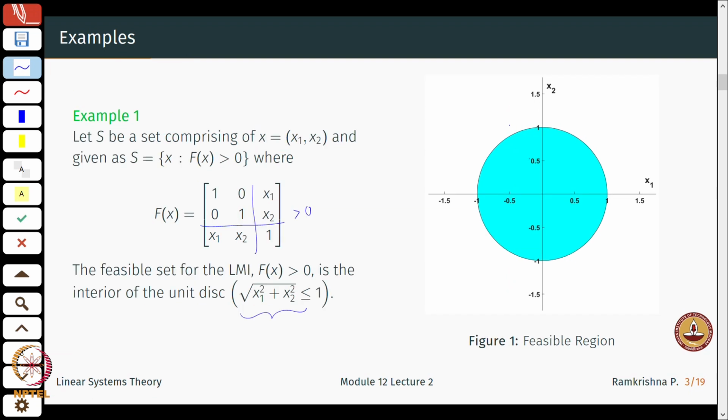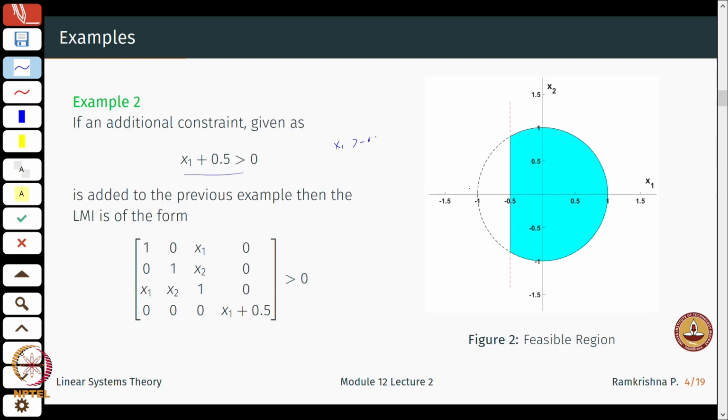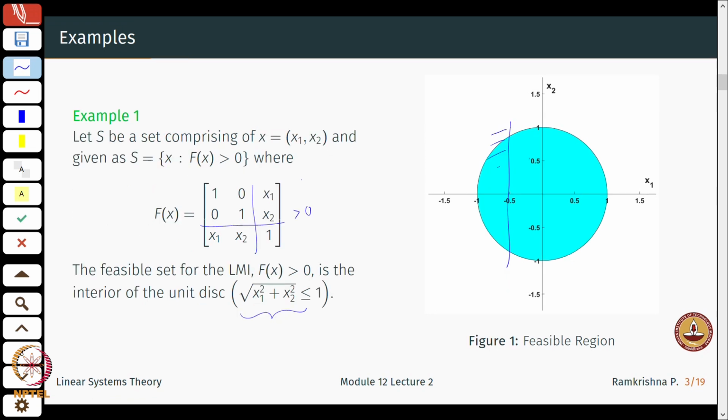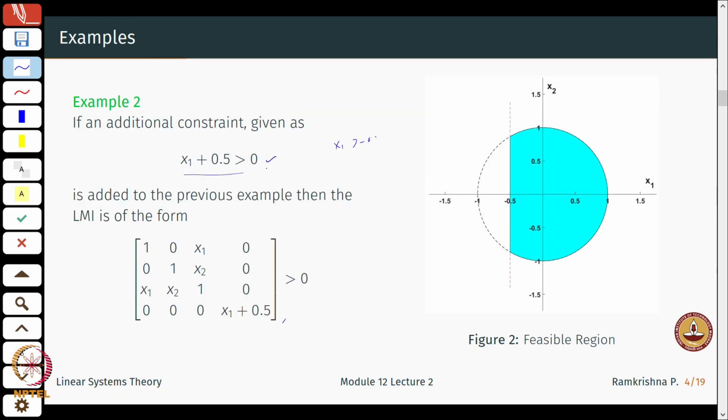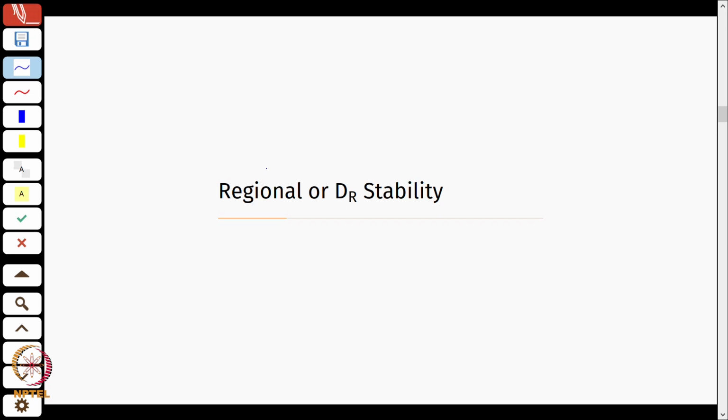So, the region to the left of this will no longer be the feasible region, and solving this LMI now would give me an appropriate feasible region, which in addition also takes care of this particular constraint, that x1 plus 0.5 should be greater than 0.